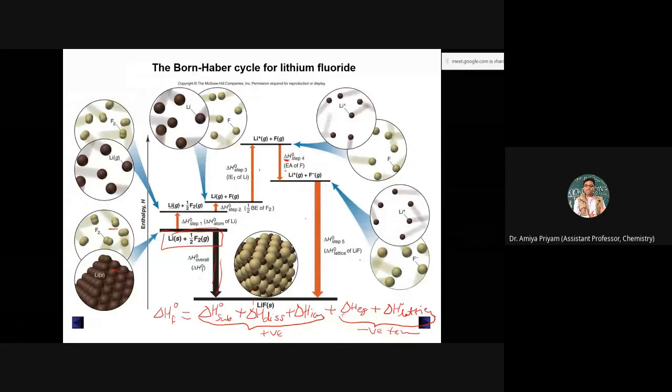Similarly, it is also possible to determine electron gain enthalpy, but not the delta H lattice. The lattice enthalpy is not experimentally possible because the moment you have Li plus F minus, immediately it will be converted to solid. So if all others are known, you can calculate the delta H lattice, or delta HF directly.